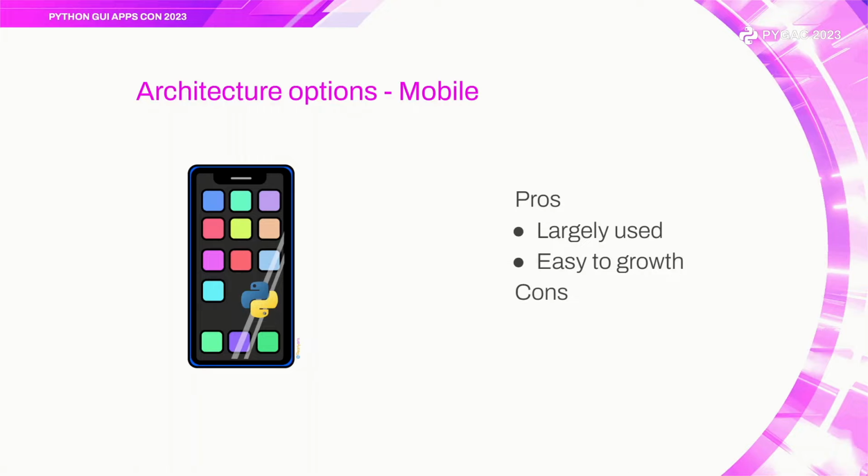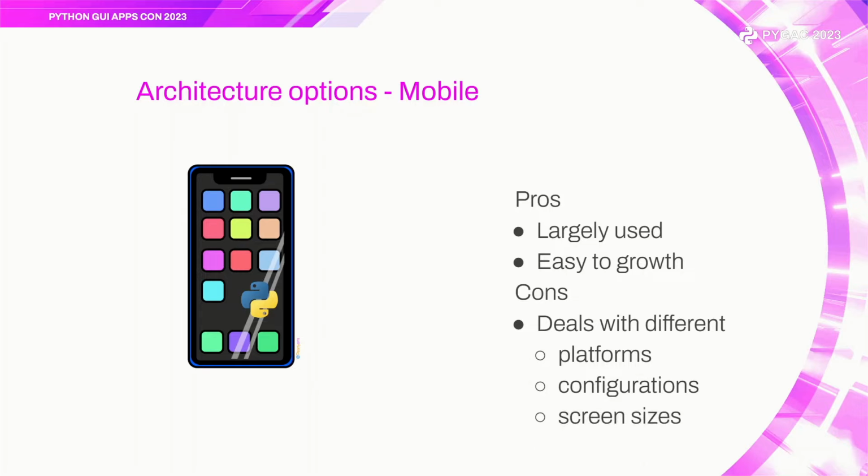And the cons is that we have to deal with many different platforms. So we have to deal with at least iPhone and Android. We also have to deal with many different configurations and screen sizes. For configurations, we have many mobile operating systems.